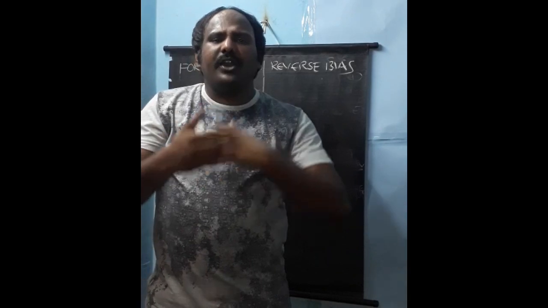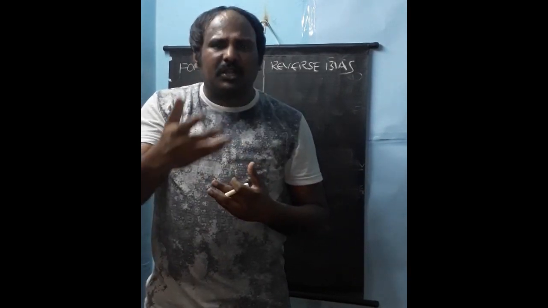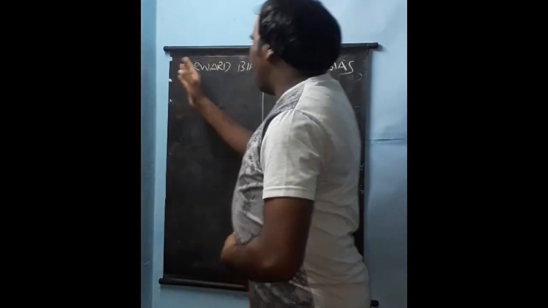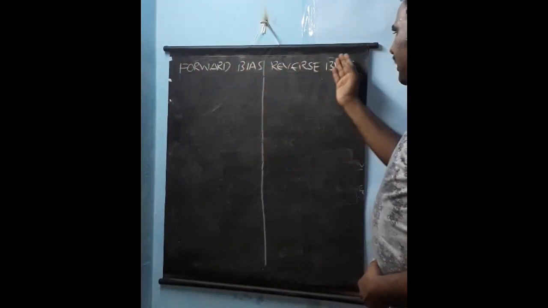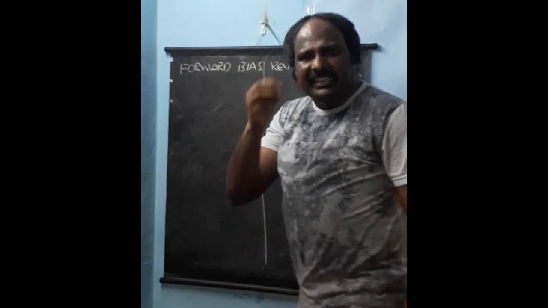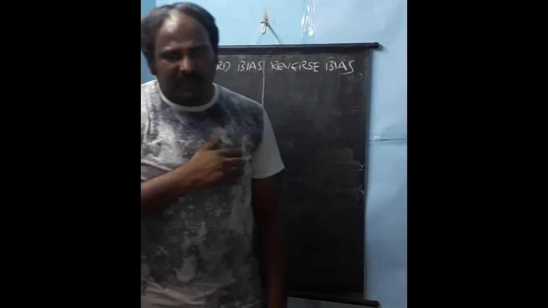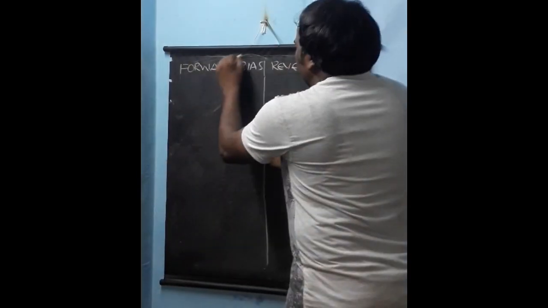Now we are going to move into the second part of the PN junction diode, which is forward bias and reverse bias. First of all, we should know what is meant by bias.